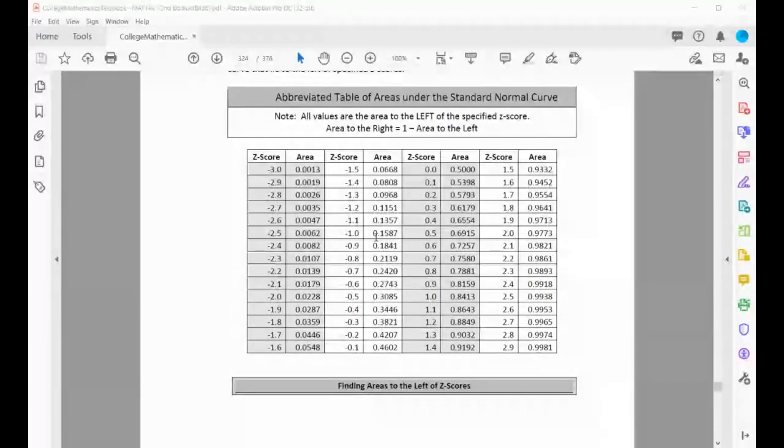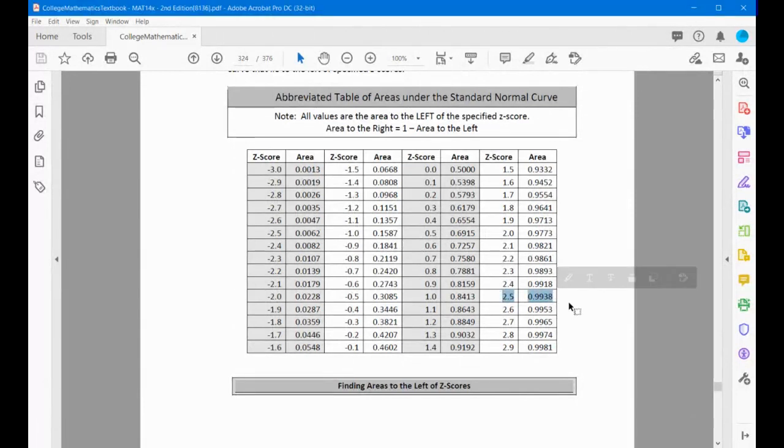Now, if you look at 2.5, where is that? Over here, it looks like. Okay, hopefully you can see it there. You can see that for the area to the left, area less than, this is the area to the left of the z-score. The area to the left is 0.9938.